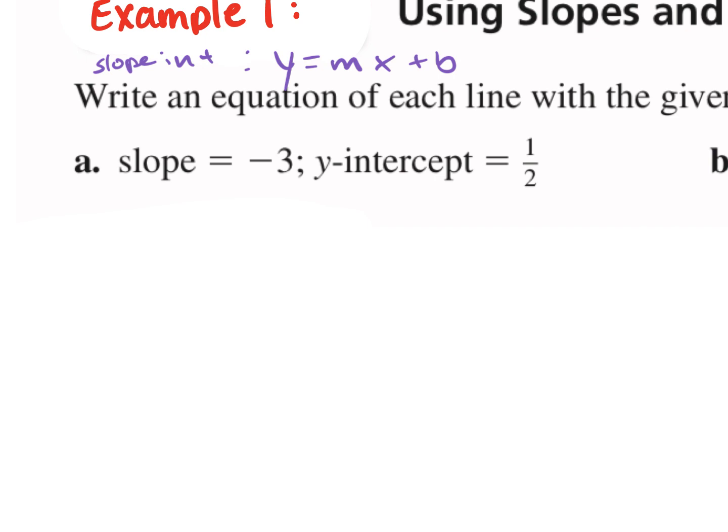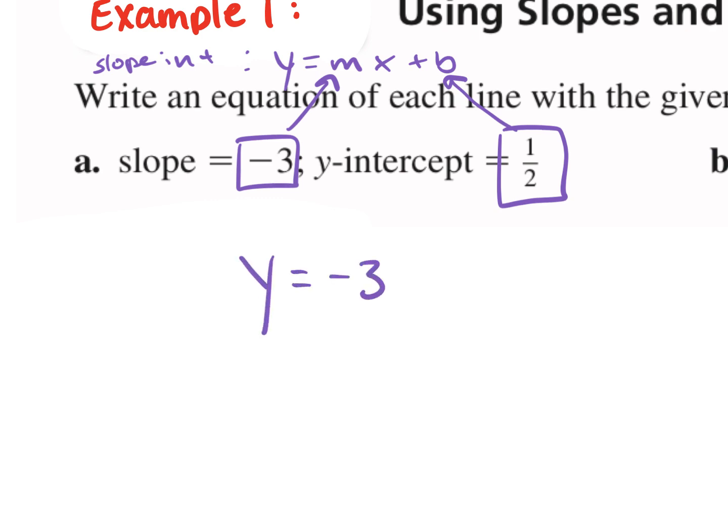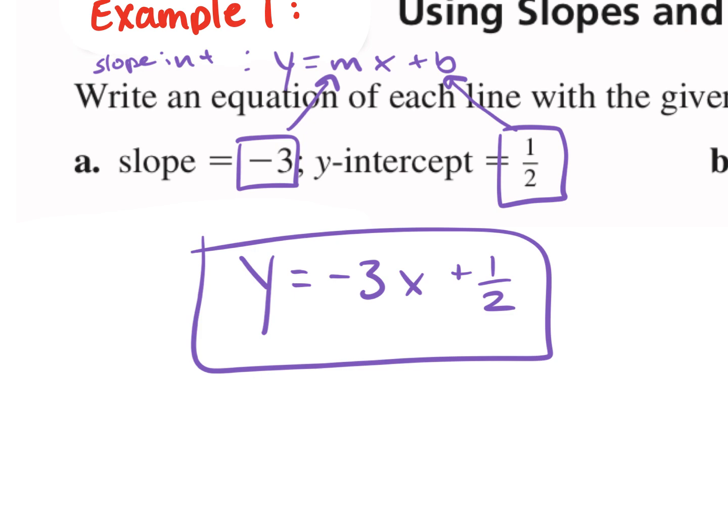I need the slope, which I'm going to plug into m, and the y-intercept, which I'm going to plug into b. So when I plug in my slope and my y-intercept, I get y equals negative 3x plus 1/2. That would be my equation of a line.